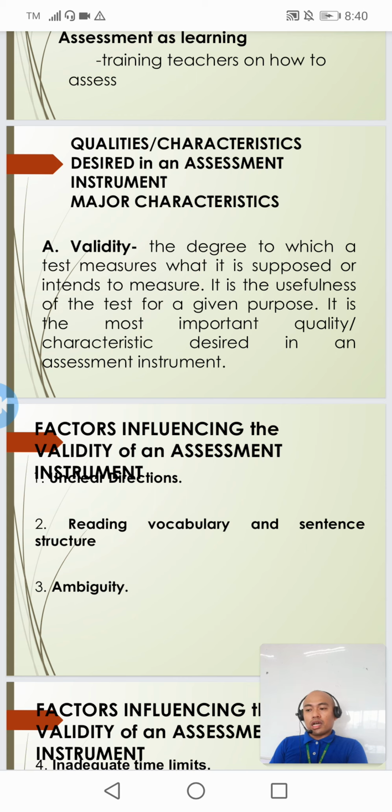To produce a valid result, the content of a test, survey or measurement method must cover all relevant parts of the subject it aims to measure. It is important to note that if some aspects are missing from the measurement, the validity is threatened. Alright? So please take note of that. I repeat, if some aspects are missing from the measurement, the validity is threatened.